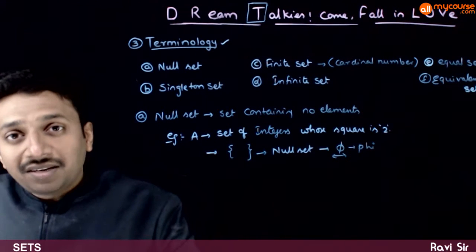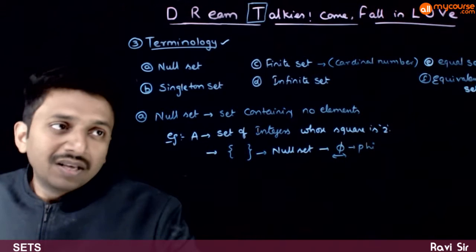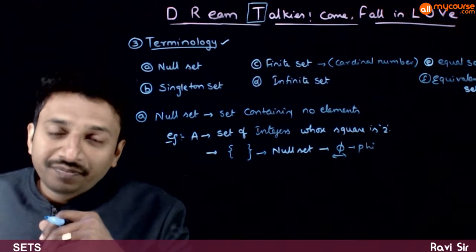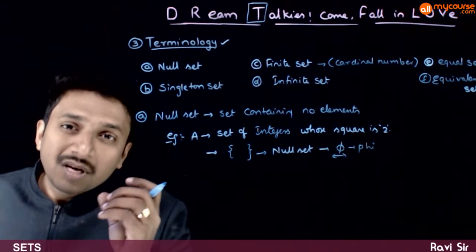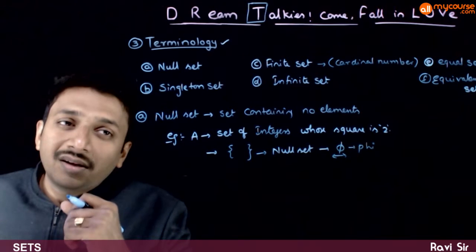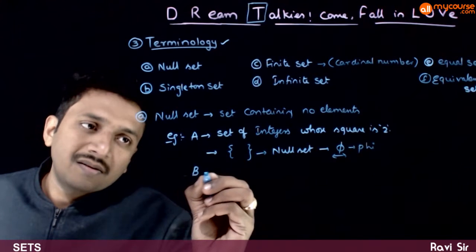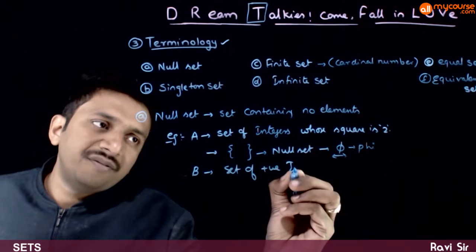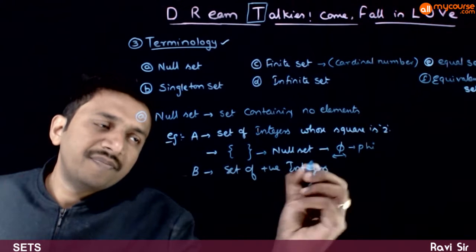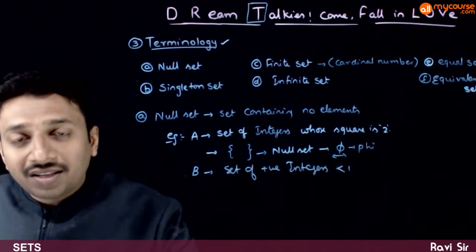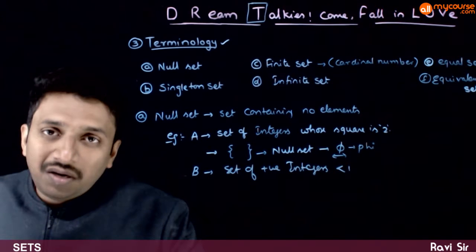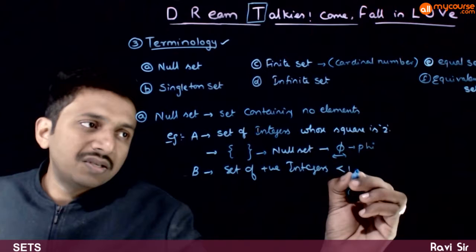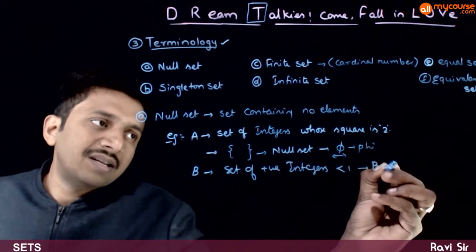So phi in set theory represents a null set. The set of integers whose square is 2, or the set of positive integers less than 1. So are there any positive integers less than 1? No. Hence B is also a null set, or B is phi.